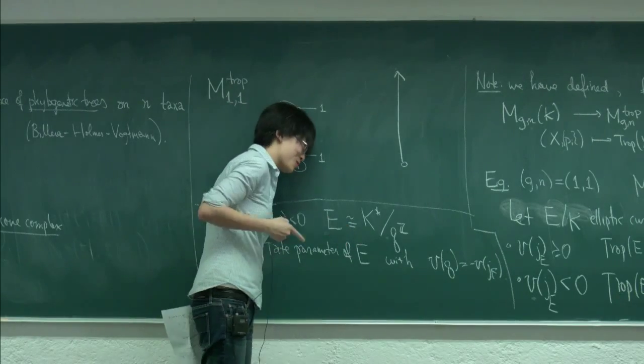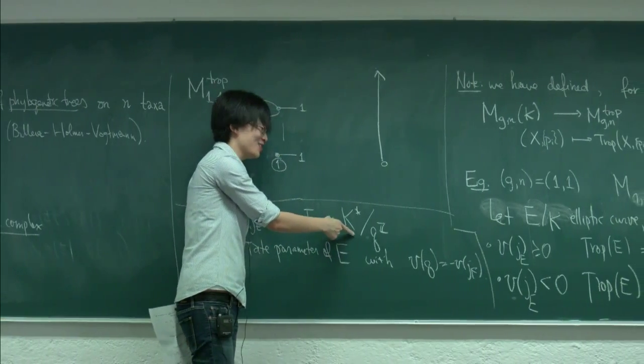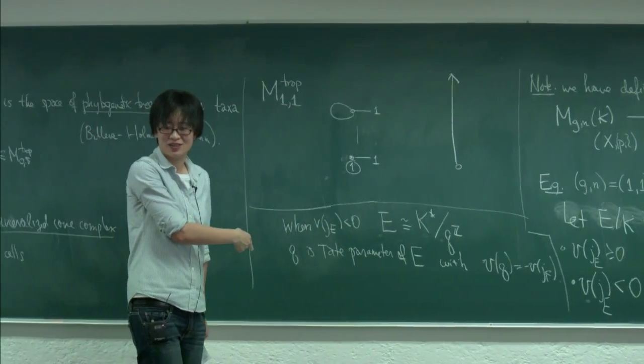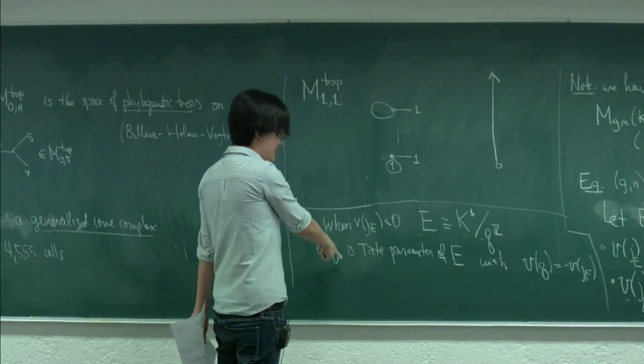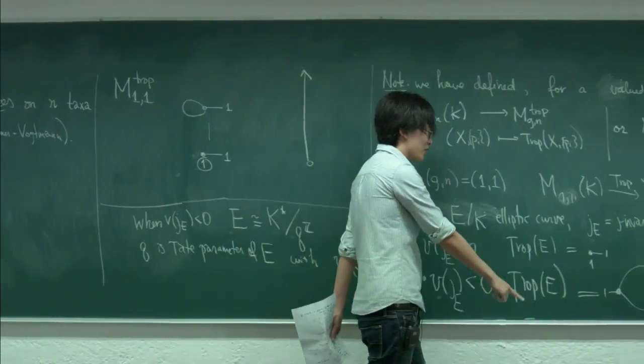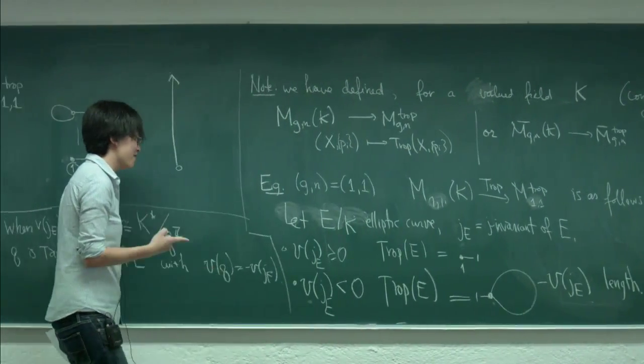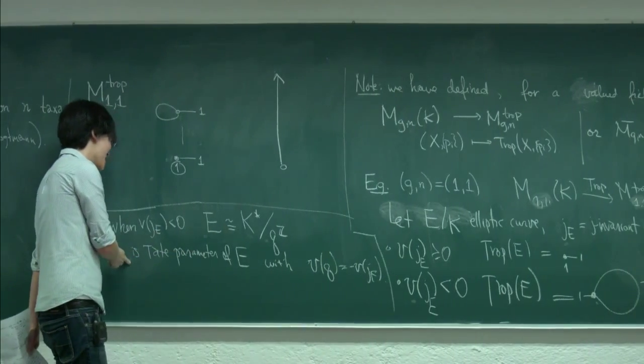It should remind you, at least morally, after applying an exponential function to change addition to multiplication, of the usual uniformization of elliptic curves. Now, with this story in the background, it's maybe a little more plausible that there's a loop here of length the valuation of q, the Tate parameter.